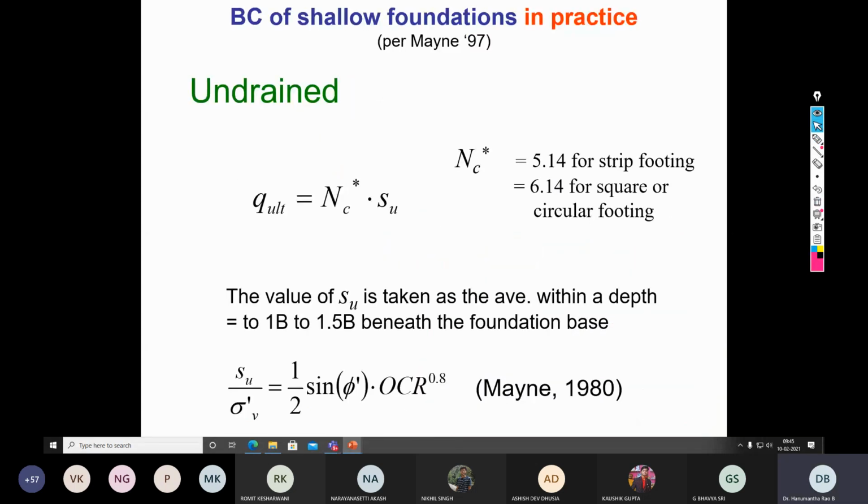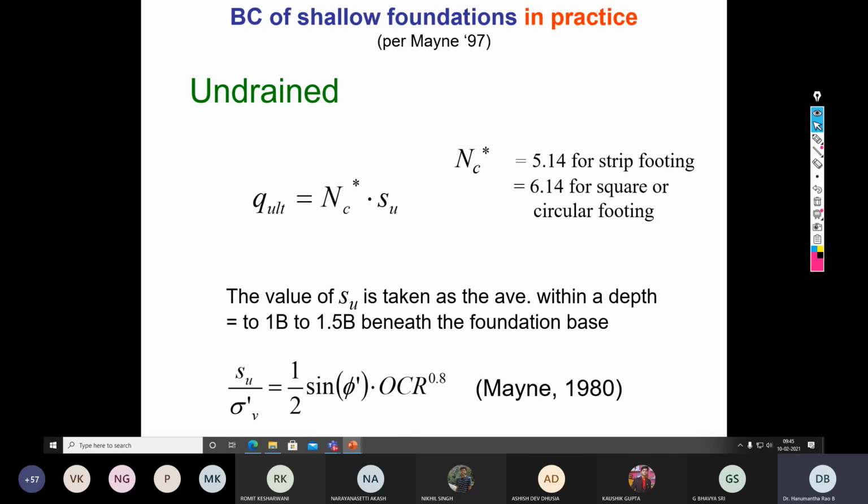So then there are some other equations. In your soil mechanics, you also understood about drained condition and undrained condition. For example, what will happen to the bearing capacity if there is water? What will happen to the bearing capacity if there is no water? If there is water, that is called an undrained condition.